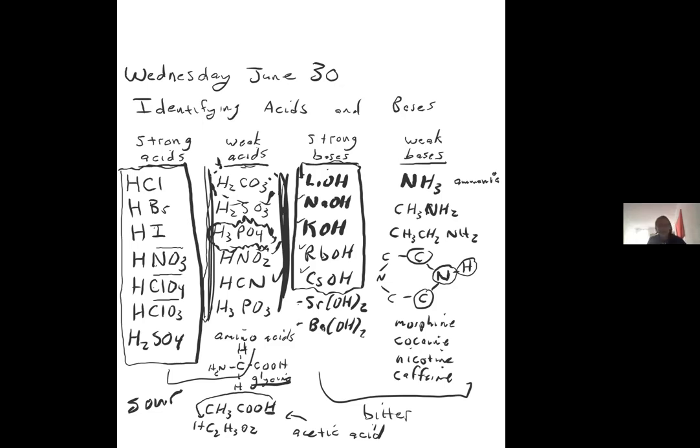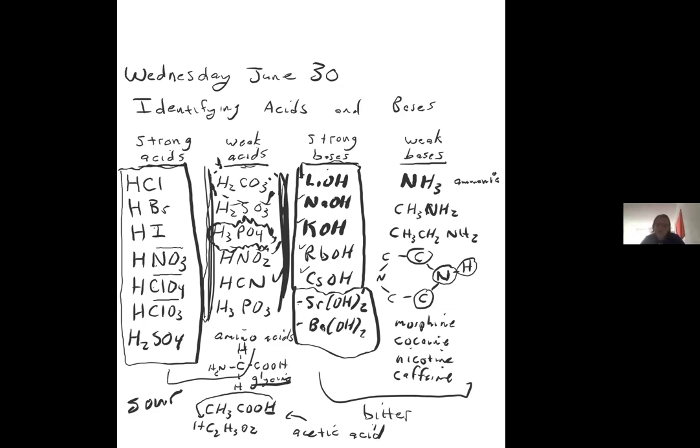Okay, so 4 categories: strong acids, weak acids, strong bases, weak bases. This is what I recommend generally to people: just remember the strong acids, remember their formulas. There's 7 of them. Remember the strong base formulas: alkali metals with the hydroxide, and then 2 of the alkaline earth metals with 2 hydroxides. And then anything else that has a hydrogen in front of it, if it's not a strong acid, it's a weak acid.